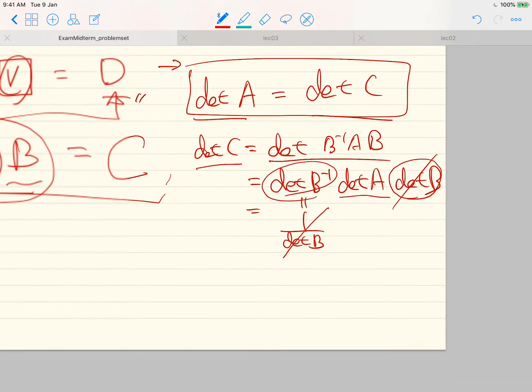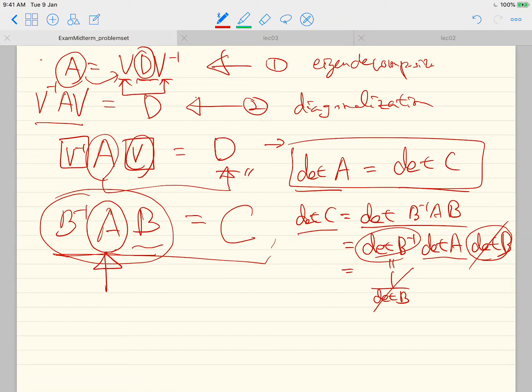Okay, and more interestingly, from the perspective of eigenvectors and eigenvalues, we can also extend this similarity transformation in the following manner.